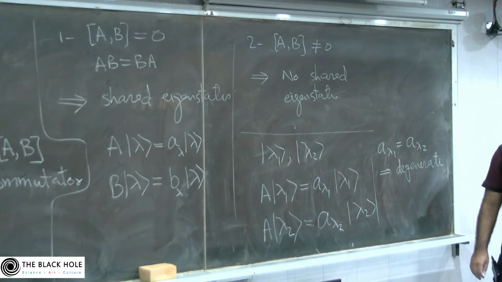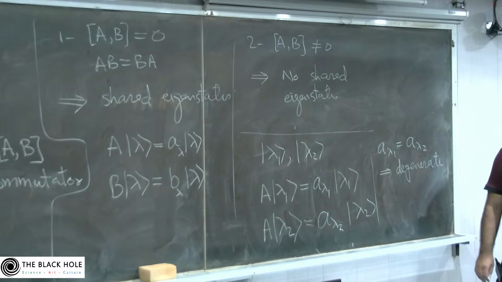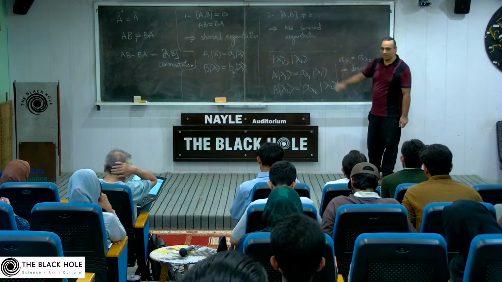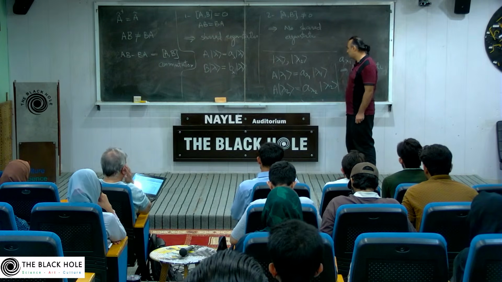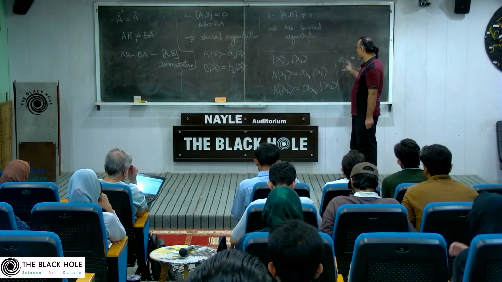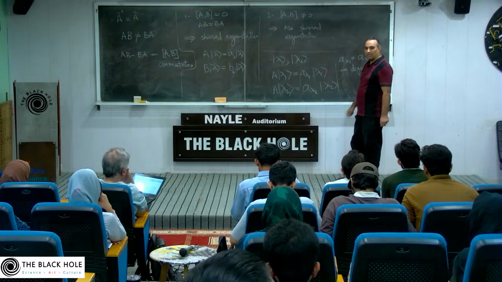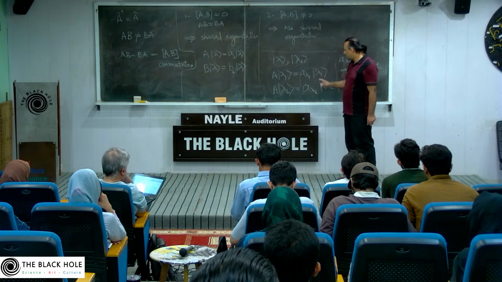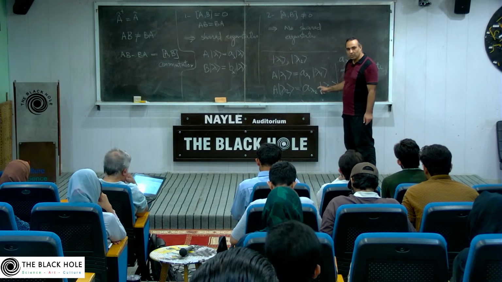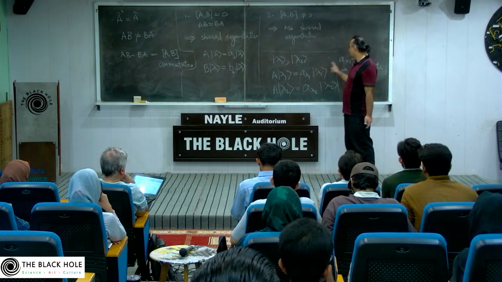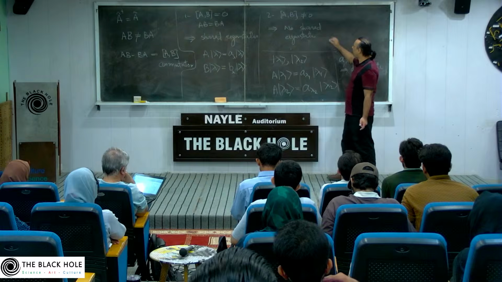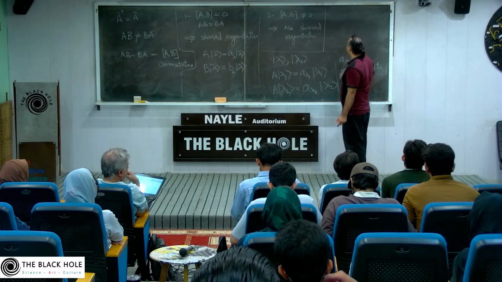Now, the slight complication that can arise in that statement is that if there are two states that share the same eigenvalue, they are degenerate, then if we make a linear superposition out of these two, then that superposition will also be an eigenstate of this with the same eigenvalue. Okay, and that's what causes some complications.